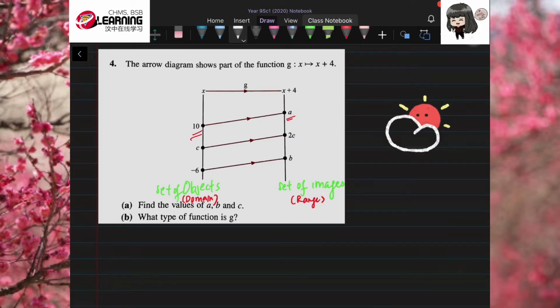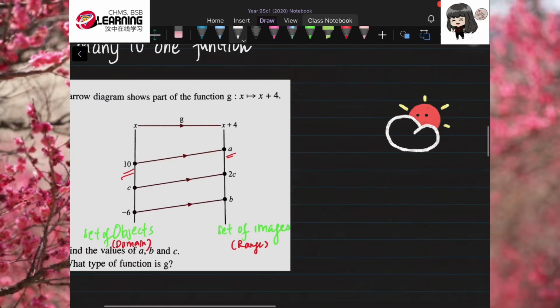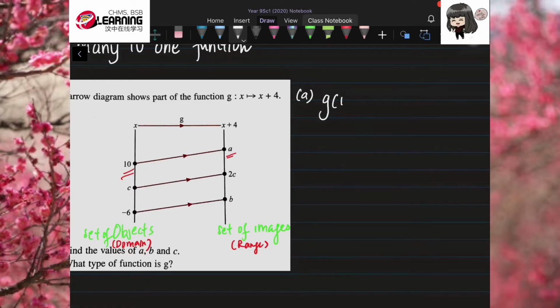We can write this down in this way. The object of 10, under the function g, we can write as g of 10 is a. Remember this is your object, or input, and this is your image, your output.